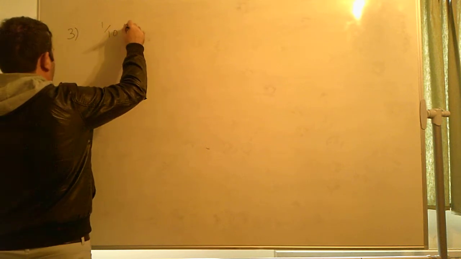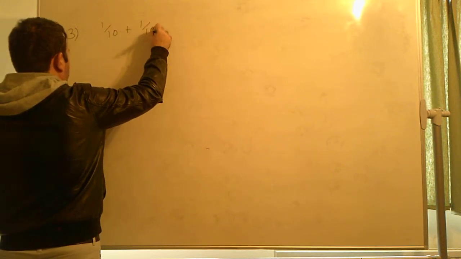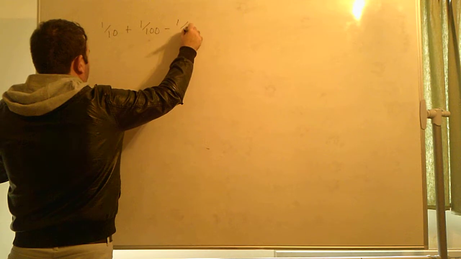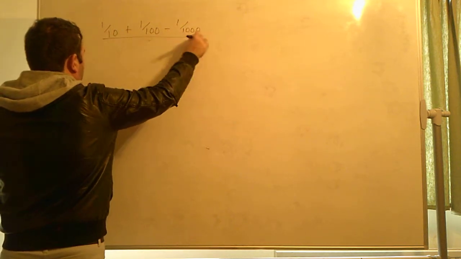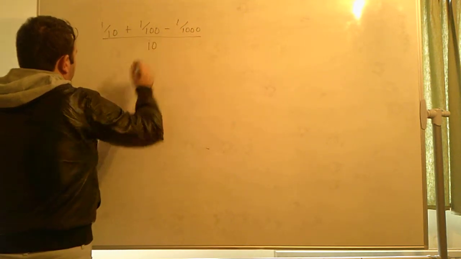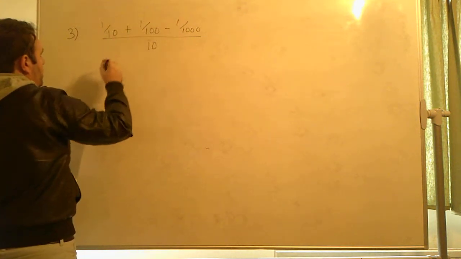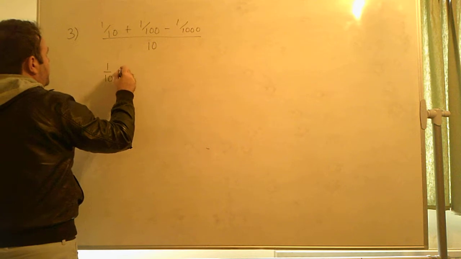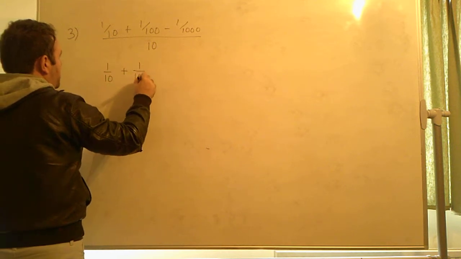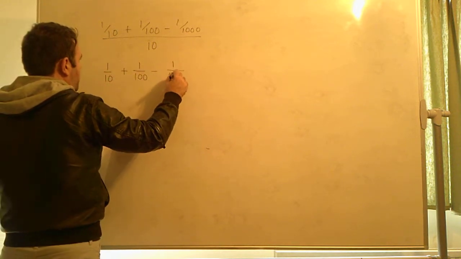One-tenth plus 1 divided by 100 minus 1 divided by 1000, all this divided by 10. So we need to simplify first the sum up here. So it will be 1/10 plus 1 divided by 100 minus 1 divided by 1000.